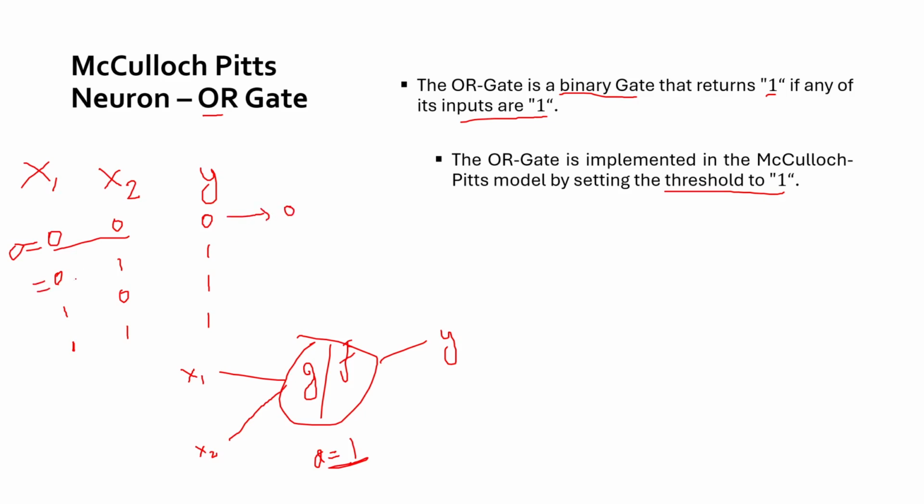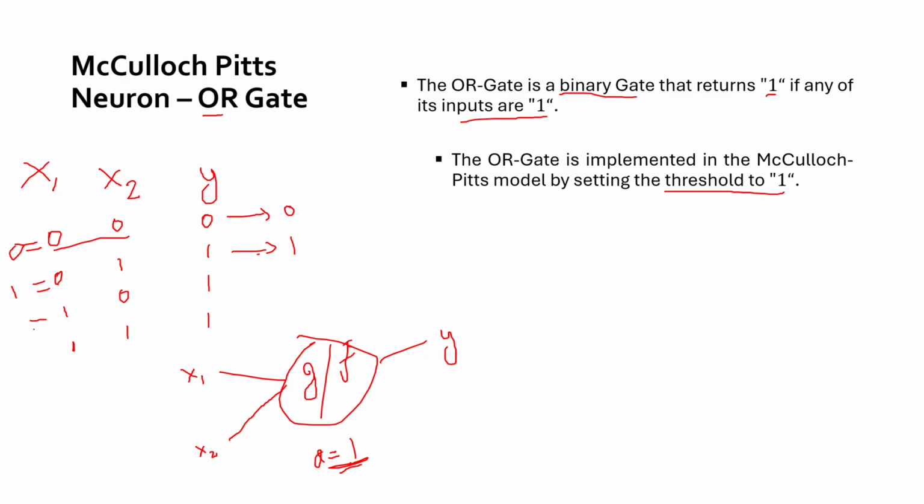And in this case, 0 plus 1 is equal to 1, and 1 is equal to the threshold, so you will get the output value 1 by the McCulloch-Pitts neuron model.